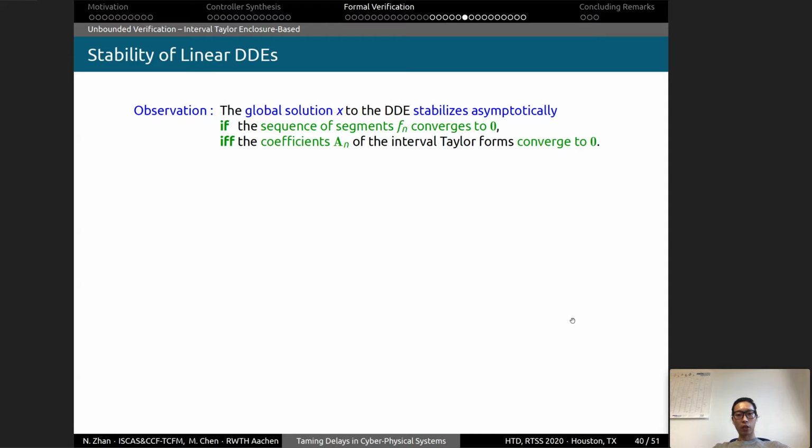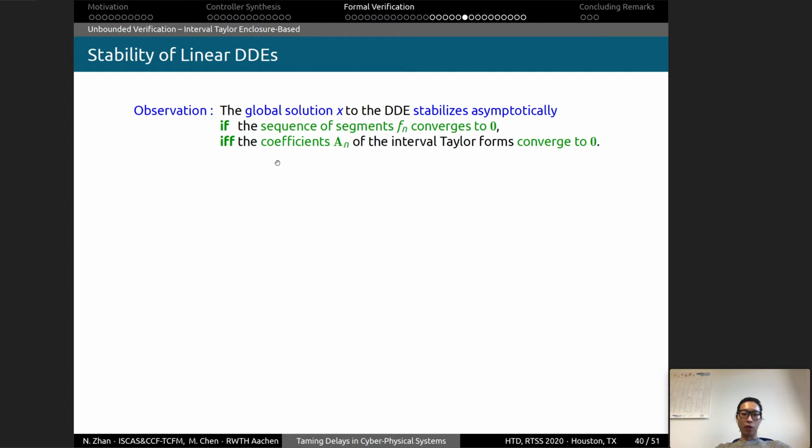In order to further deal with unbounded safety verification, we somehow have to consider stability of the delay differential equation. The observation is that if, let's say, the global solution x to a DDE stabilizes asymptotically, if the solution of all the segments f_n converges to 0, right?